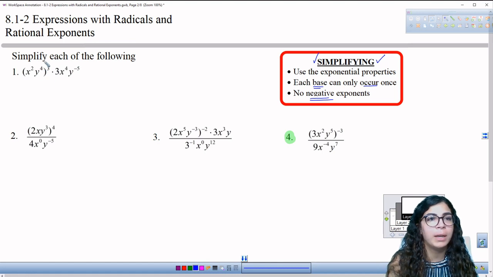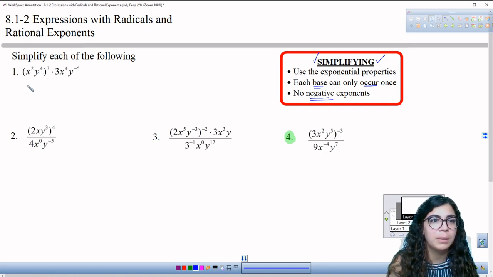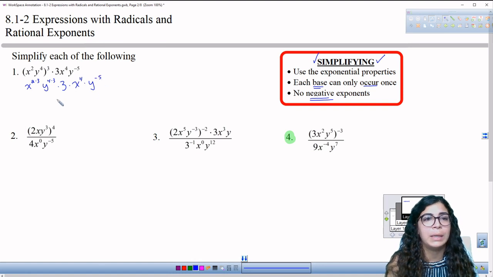The first thing that I always do is distribute any power of a power. So here we have x to the power of 2 to the power of 3, so this will be 2 times 3, and then y to the power of 4 to the power of 3, so that would be 4 times 3. We also have just 3, and then times x to the power of 4 and times y to the power of -5.